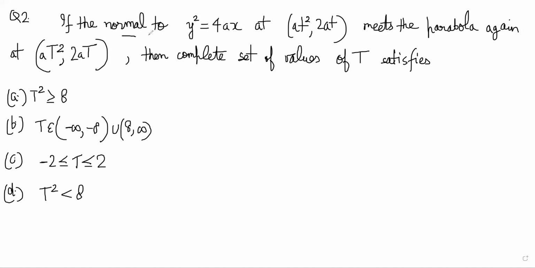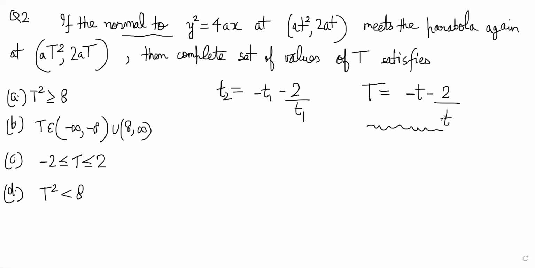So this is the normal to a parabola meeting the parabola again at another point. Yesterday we discussed the theory for this. The other point t2 would be equal to minus t1 minus 2 by t1. So capital T here must be minus t minus 2 by t.